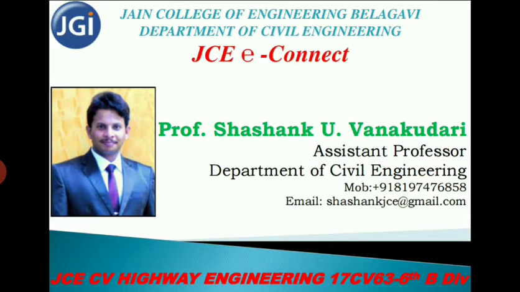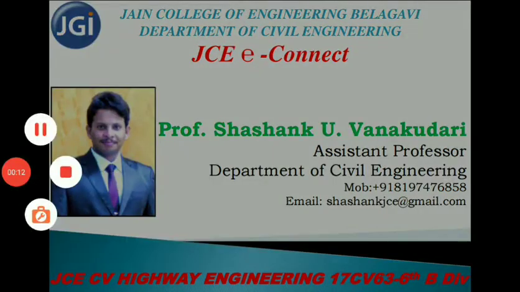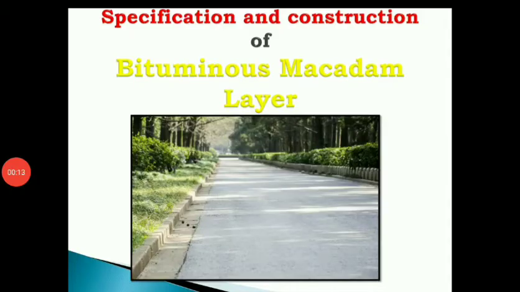So in this class we'll study about the specifications and construction of bituminous macadam layer. So now we'll start with specifications and construction of bituminous macadam layer. So basically the bituminous macadam means a pavement which is constructed by spreading two or more layers of the crushed stone on a suitable base and pouring a bituminous binder on each, right?